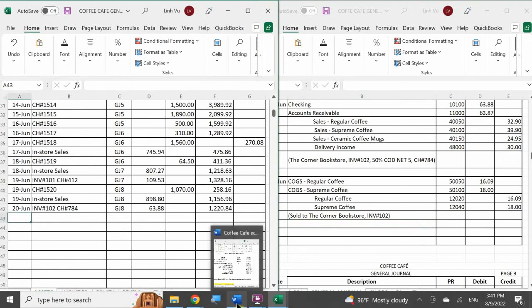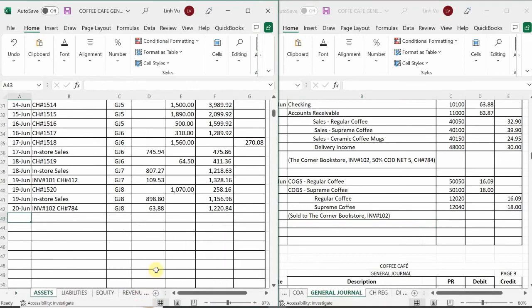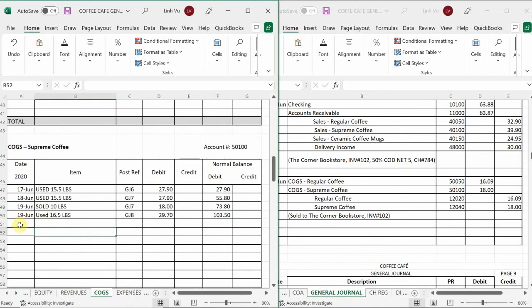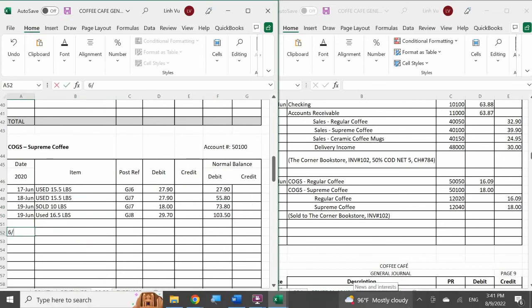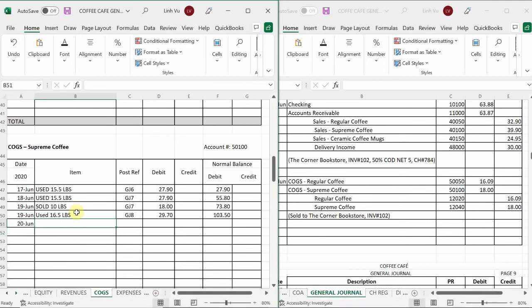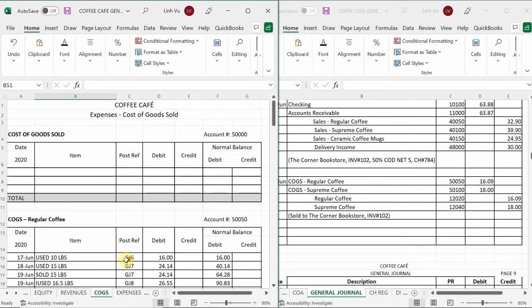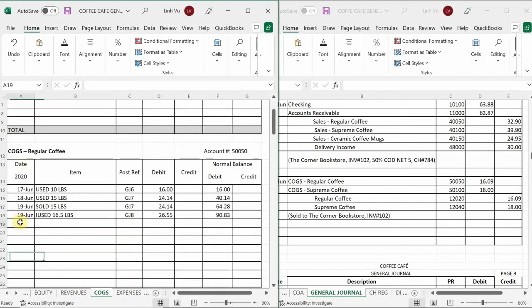Okay. So cost of goods sold. Okay, how much for the regular coffee?